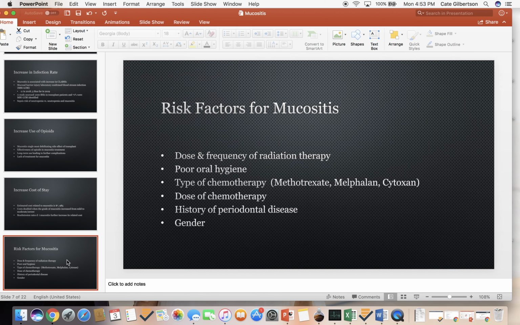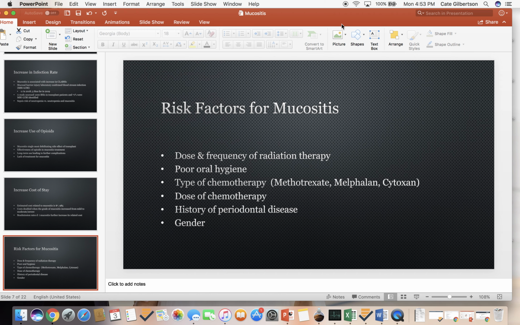The type of chemotherapy. Three of the big hitters in the research are methotrexate, melphalan, and Cytoxan. And these are all ones that are frequently used here in our hospital. Methotrexate and melphalan are used a lot up on Unit 5 and some on 4 too for certain protocols. And then Cytoxan, a strong majority of the Unit 4 patients get.